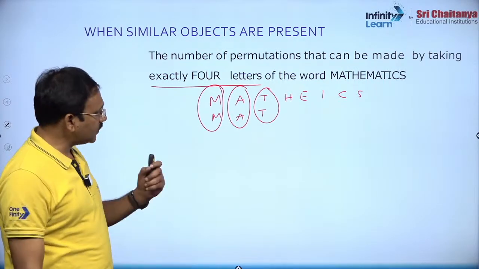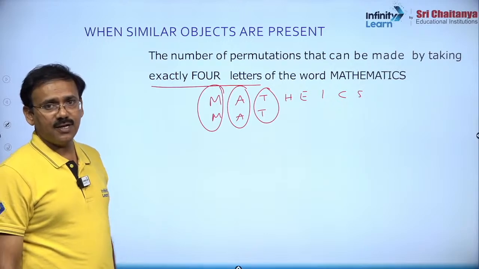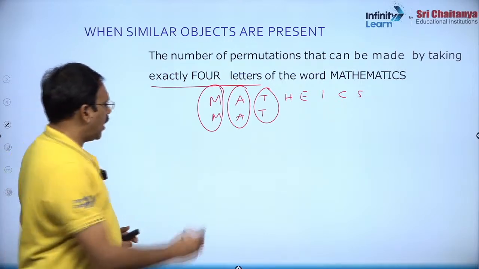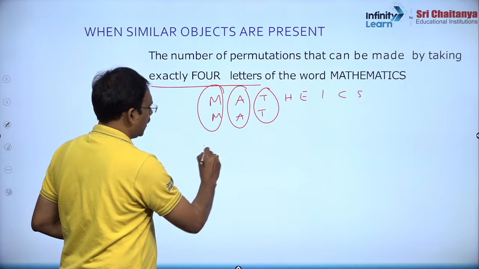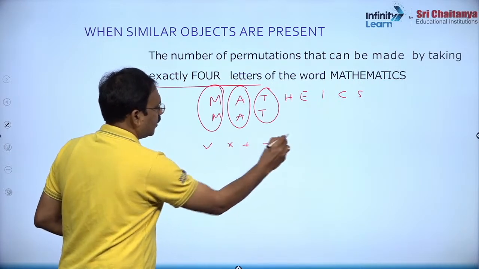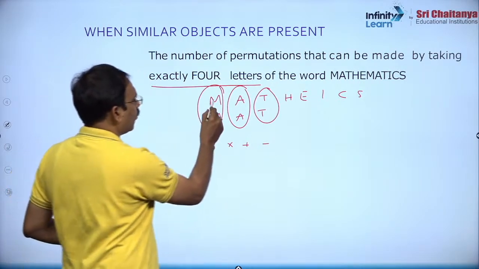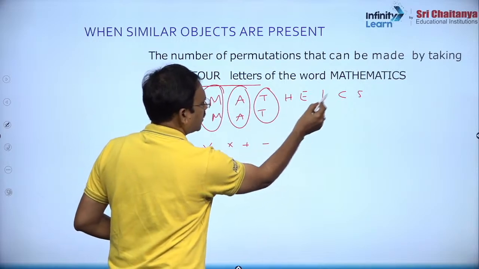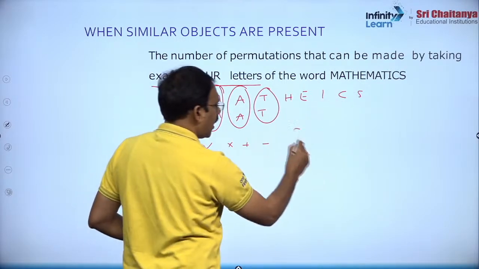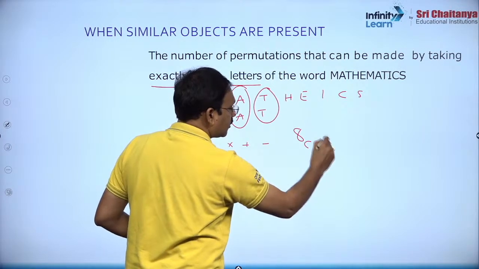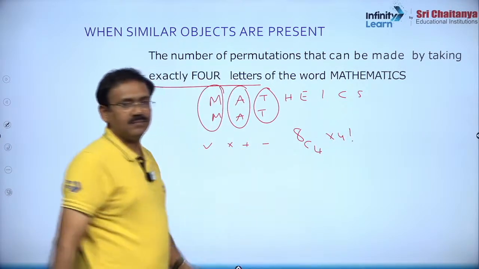Now think: all 4 can be distinct, different kinds of letters. How many different letters are there? 1, 2, 3, 4, 5, 6, 7, 8 letters. Out of 8, you select 4 and arrange them.